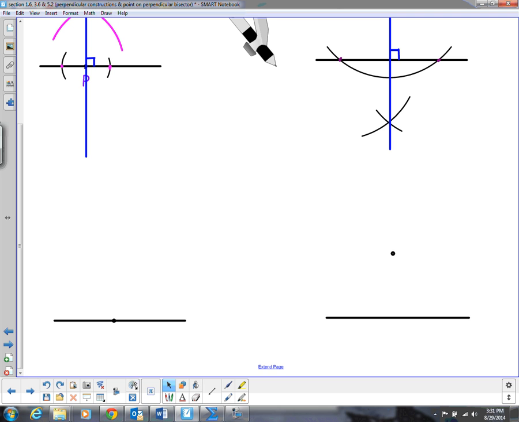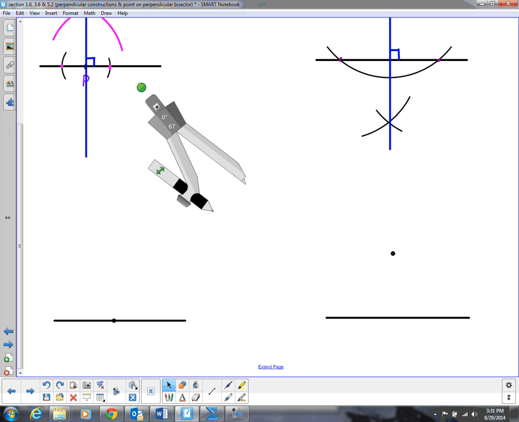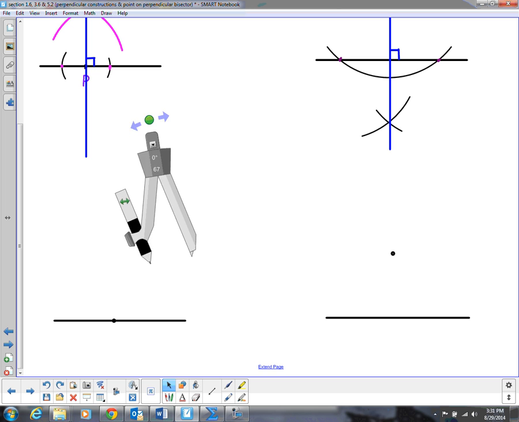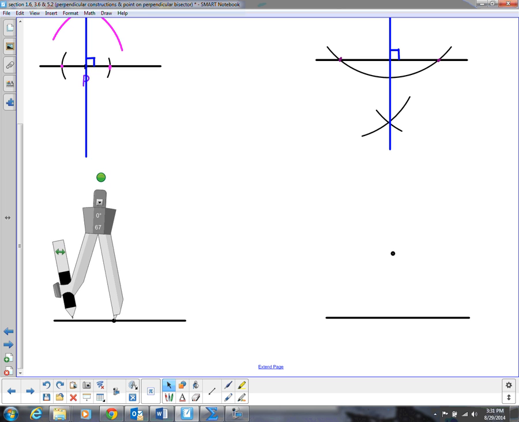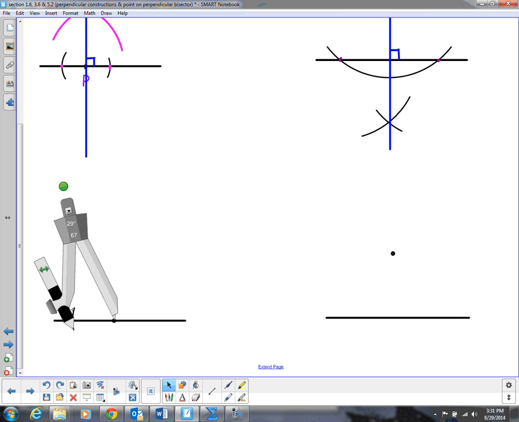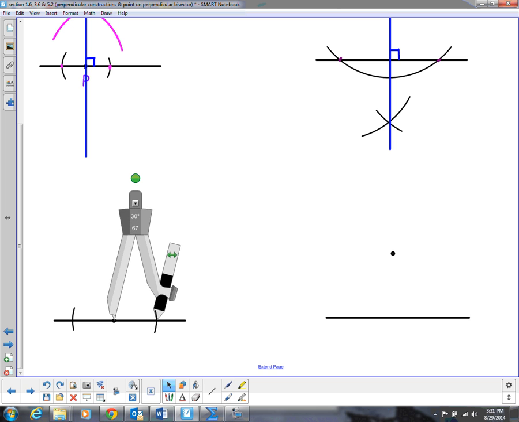So I'm going to grab my compass, I'm going to bring it down, and what we're going to do is start the compass point on that point. And now we're going to draw an arc to the left, and an arc to the right.